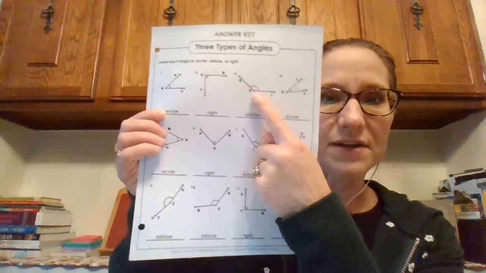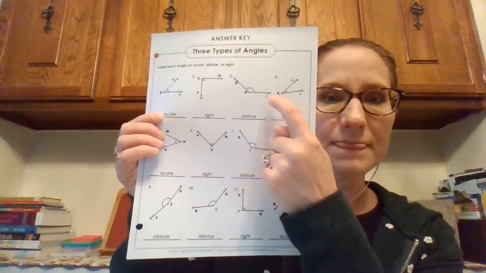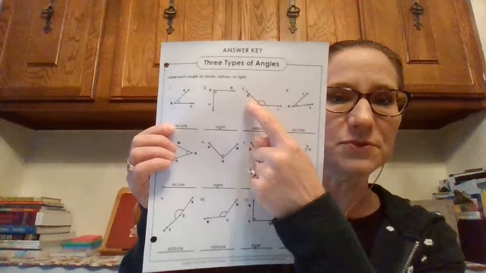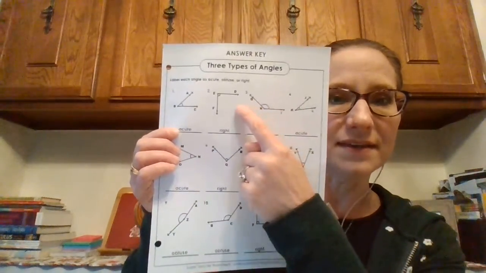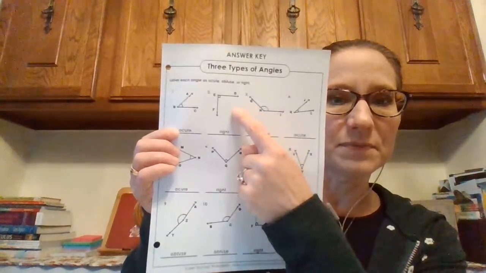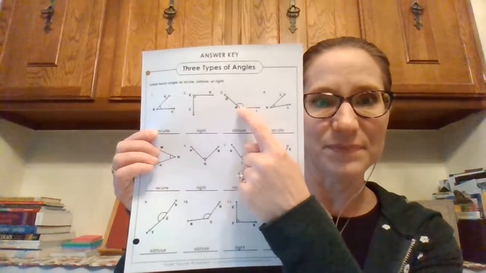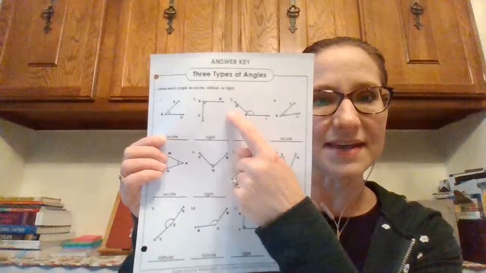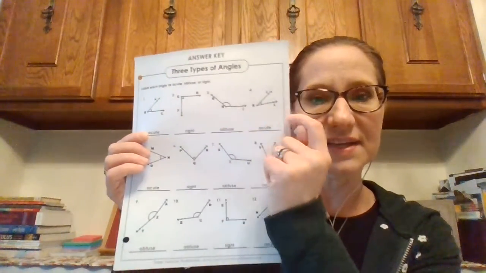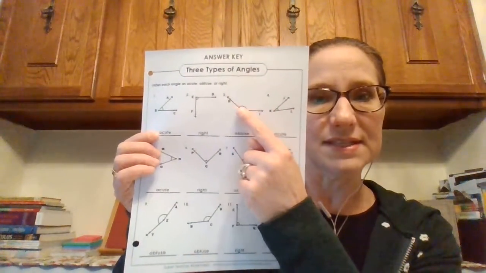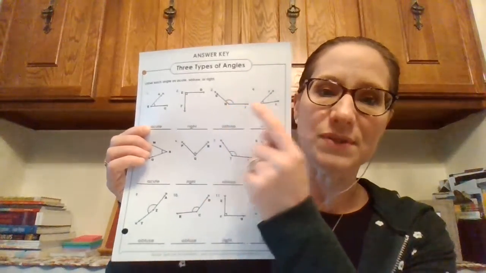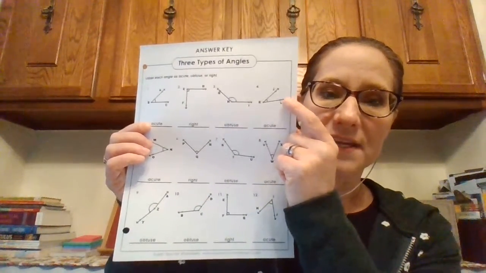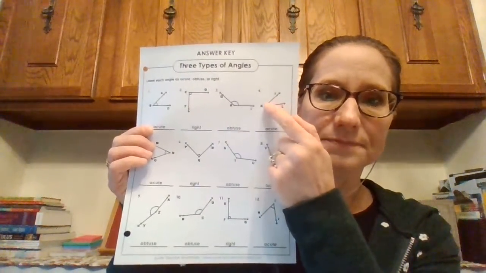Obtuse angle is wider. Now, if you open an obtuse angle all the way, what would it make? It'd be like a straight line, right? But it's still an obtuse angle, but it would be totally flat. You cannot make that into a triangle, however, because there's no way to connect it. So it ceased to become an angle at that point, becomes a line. This one is acute because it's little.